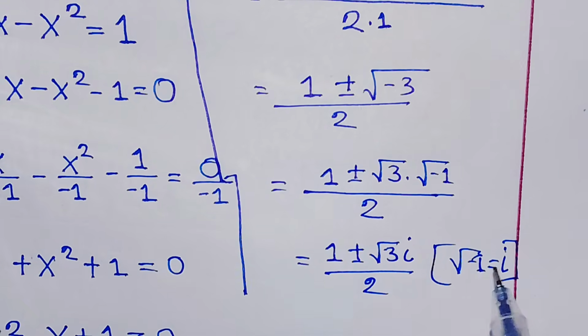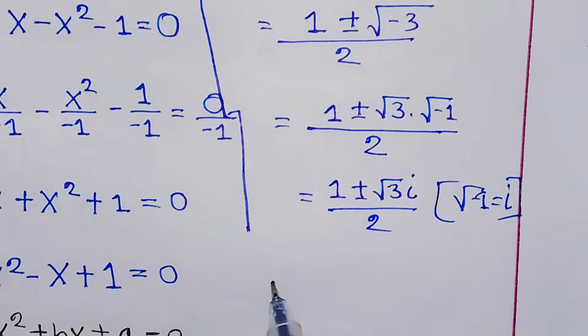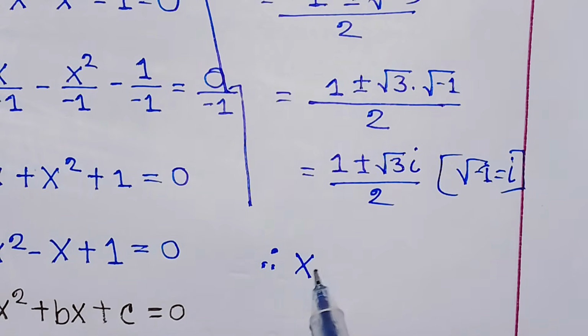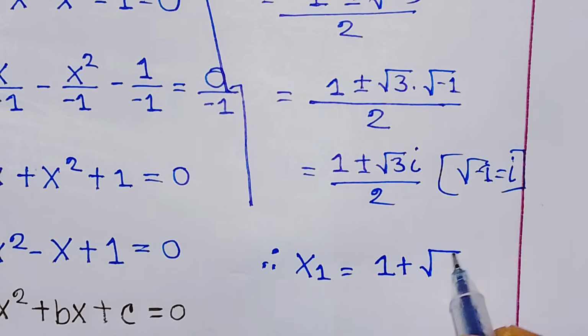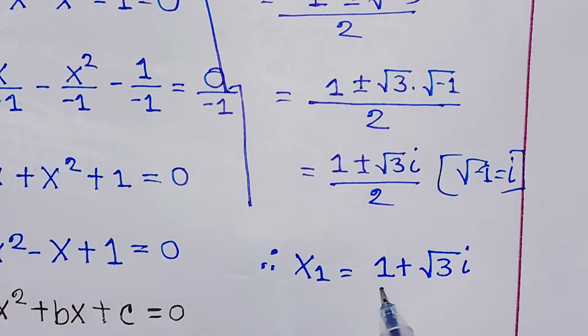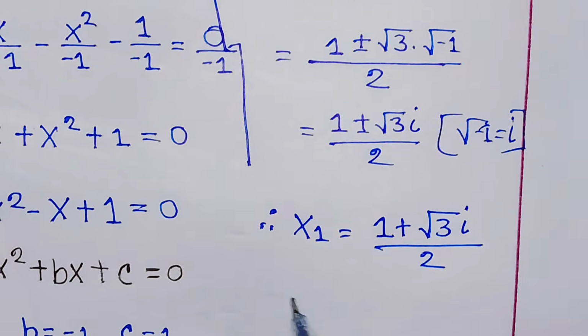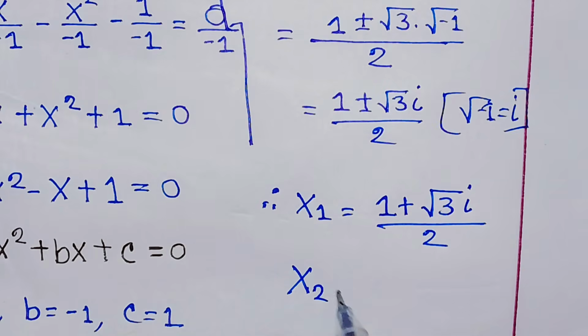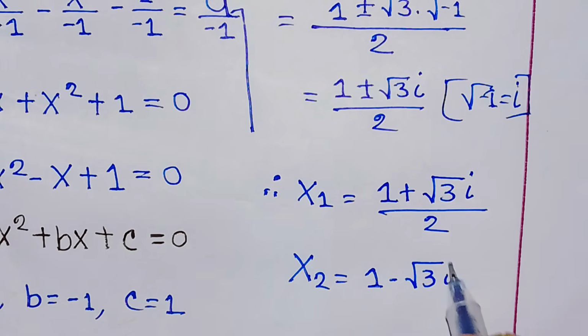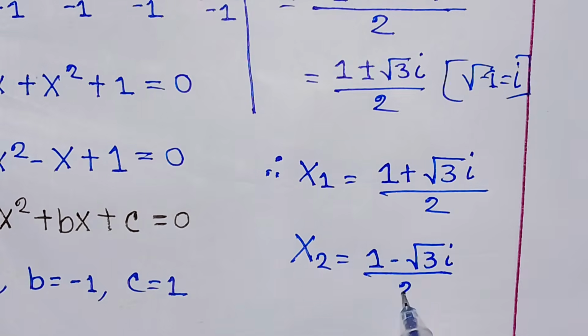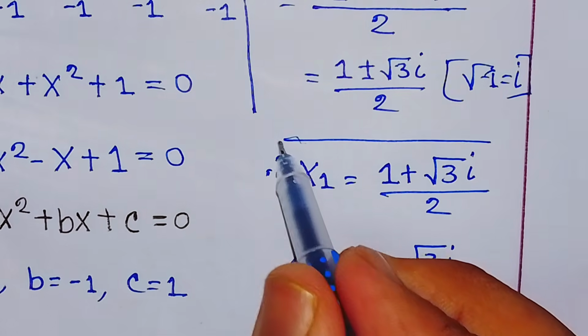So from here the value of x1 will be (1 + √3 i) / 2, and the value of x2 will be (1 - √3 i) / 2. So we get our first answers, x1 and x2.